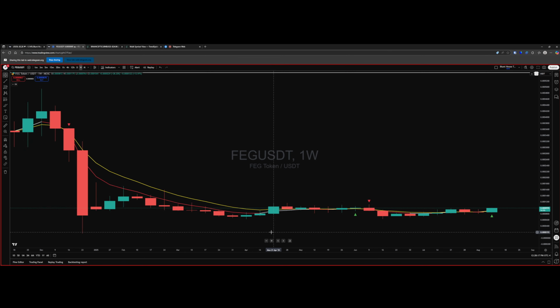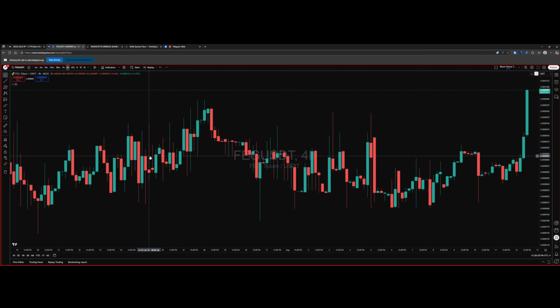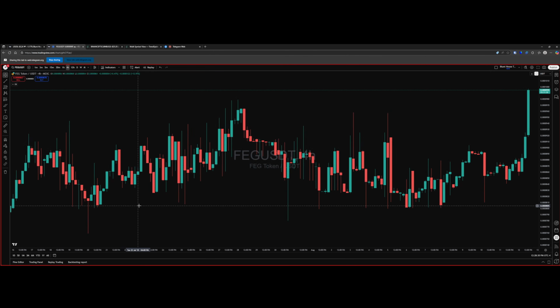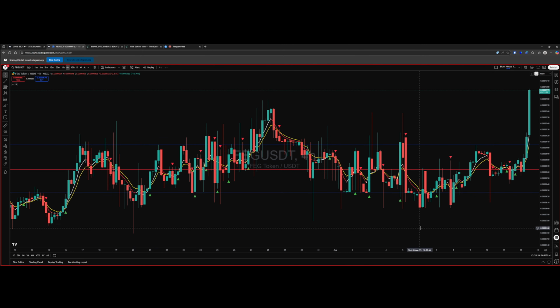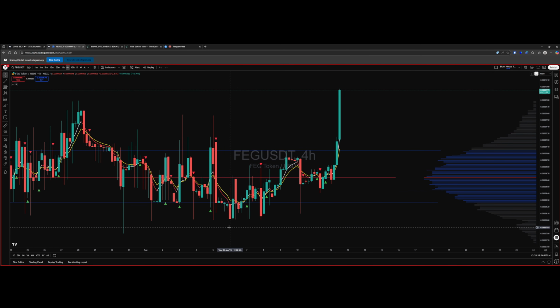That's confluence. That's exactly what you want to see. There's the 4 hour. Obviously you knew that was going to be a rocket, but you can pick these things up. But the point is you have to trust your chart.